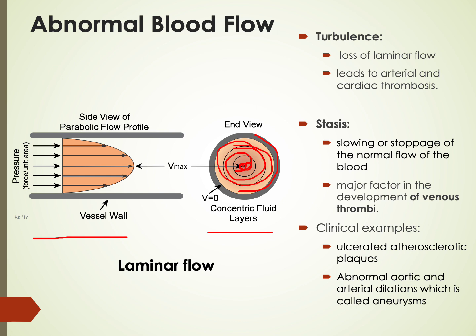Another clinical example, abnormal aortic or arterial dilations, which we call aneurysms. رح نحكي عنها بمحاضرة cardiovascular system. Those create local stasis and result in thrombosis. So in general, turbulence leads to arterial and cardiac thrombosis by endothelial injury, and stasis is considered the major factor in the development of venous thrombosis.